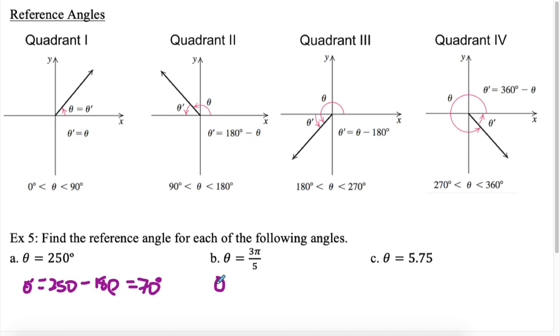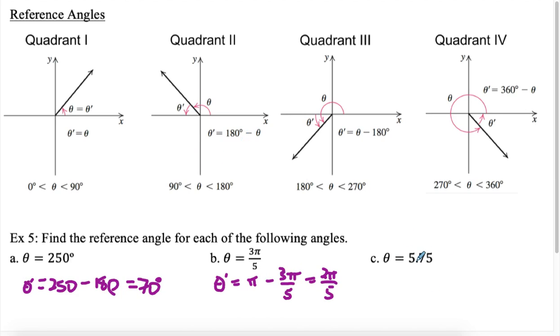So my reference angle in terms of radians is going to be pi minus 3 pi over 5. We can convert pi to 5 pi over 5 to get common denominators. So 5 pi over 5 minus 3 pi over 5 would be 2 pi over 5. So that reference angle in radians would be 2 pi over 5.